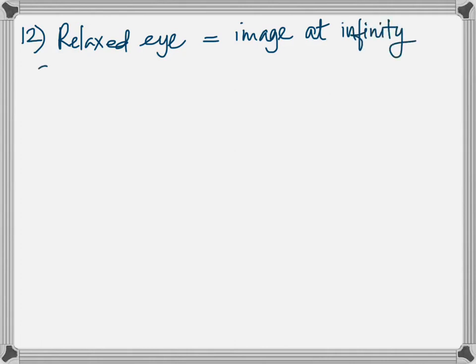It's a relaxed eye. The two lenses are 1.25 meter apart. So remember, relaxed eye, the final image is at infinity. And again, the distance between the two lenses must be equal to the sum of their focal lengths. In this case, the total magnification is given as 120.